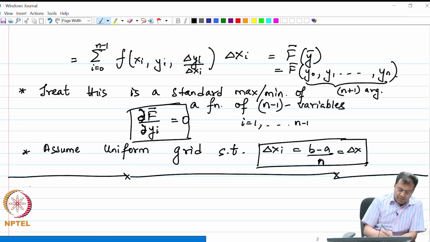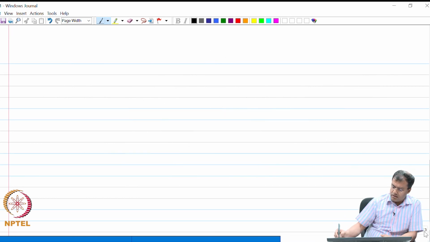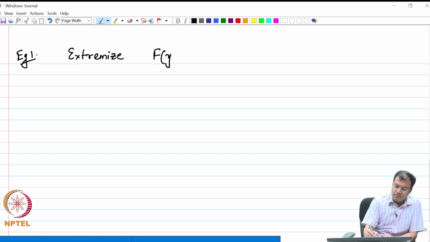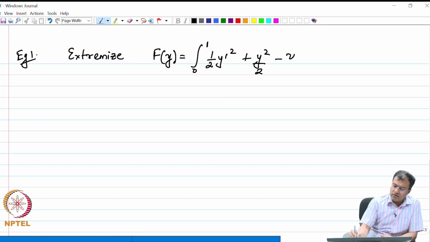Okay. So, let us go to the next slide. The example says that we need to find the extremal. So, extremize f of y, which is given by the integral from 0 to 1 of half y prime square plus y square by 2 minus y dx.